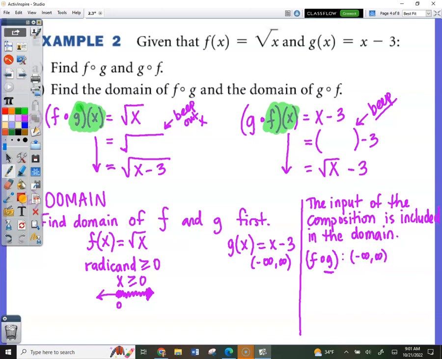Then you go to your simplified expression for f of g and you find its domain. What was the domain here? It can't be negative, correct? So, radicand greater than or equal to 0 and solve. So, x minus 3 greater than or equal to 0, what does that say? x has to stay greater than or equal to 3.